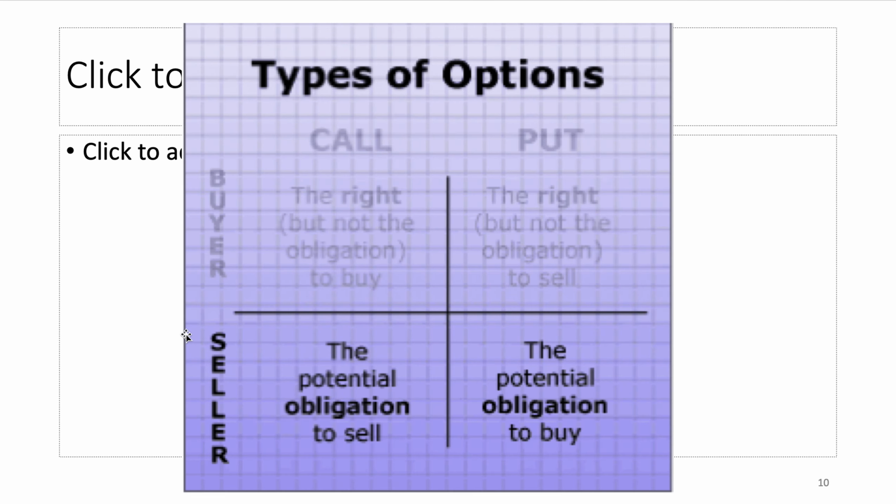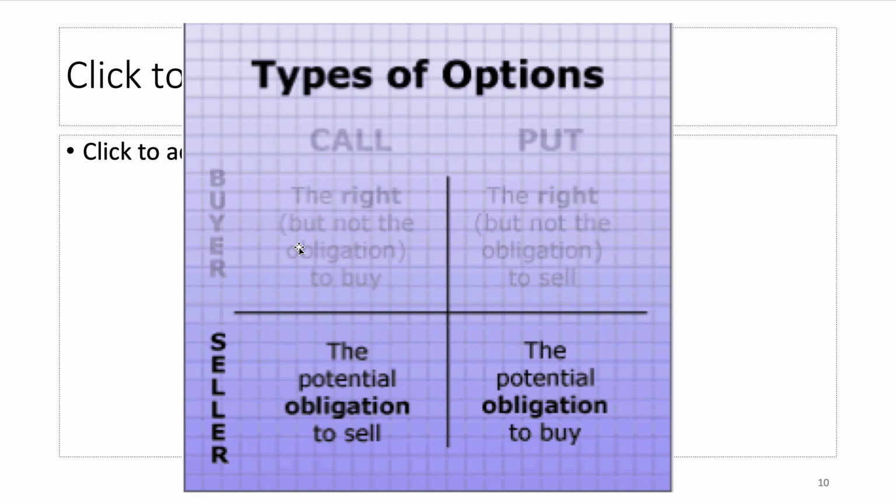Why? Here's a summary for those four positions. The type of options for the buyer, the person who takes a long position. The call option gives you the right, but not the obligation, to buy.